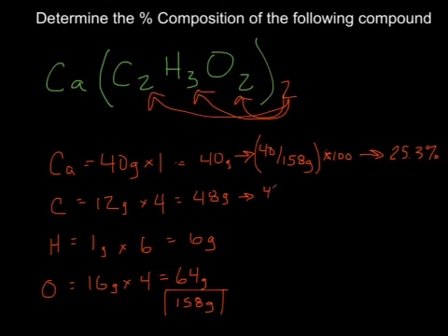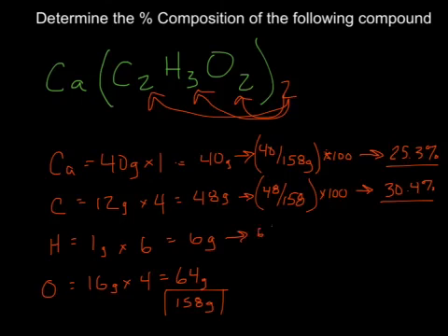So 48 divided by 158 times 100 gives us 30.4%. Okay, good. 6 divided by 158 times 100 will give us 5.1%.